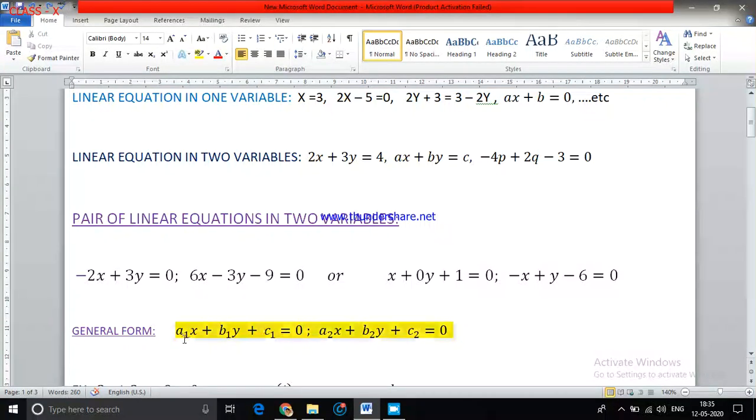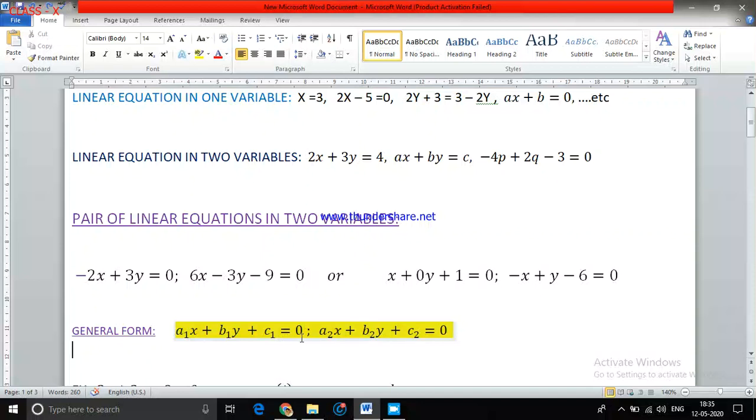The second thing you have to remember is that in each and every equation I use the plus sign: plus a1x plus b1y plus c1, plus a2x plus b2y plus c2. So in the general equation, each and every term is a positive term. That is the second condition to remember. And the third one is that in the general form of the equation, c1 is on the left side of the equality.